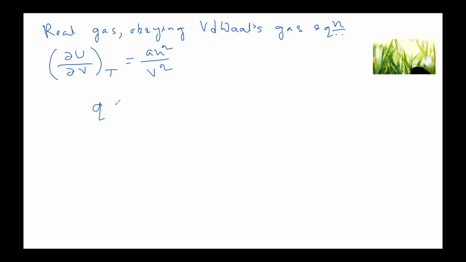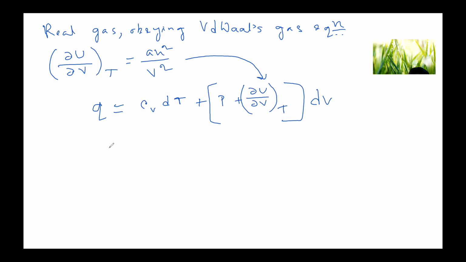The first law is Q equals nCv dT plus [P plus (∂U/∂V) at constant T] dV. I'm just putting the value in, so Q equals nCv dT plus [P plus an²/V²] dV.